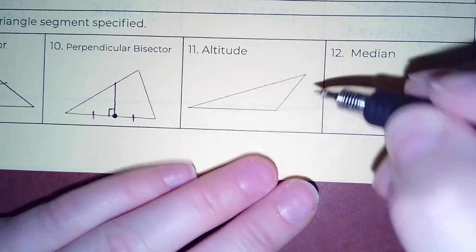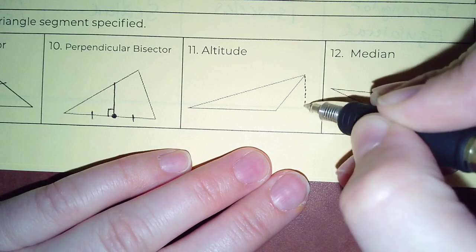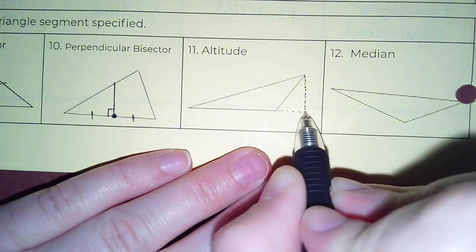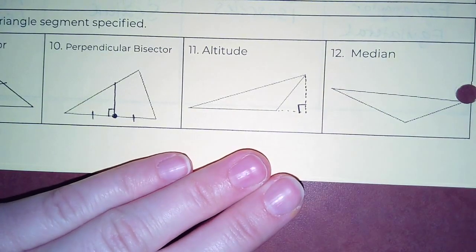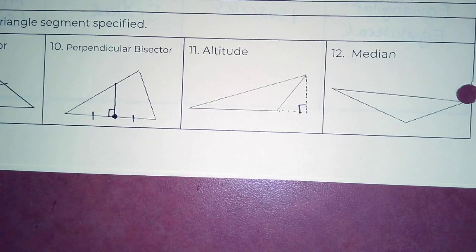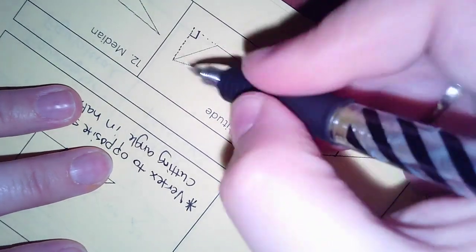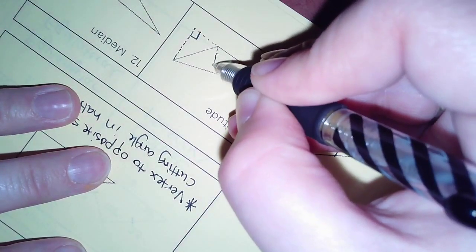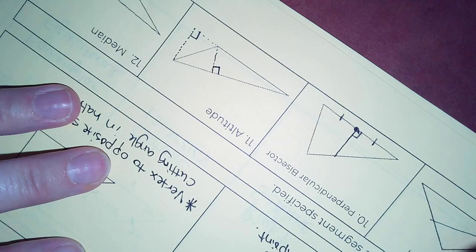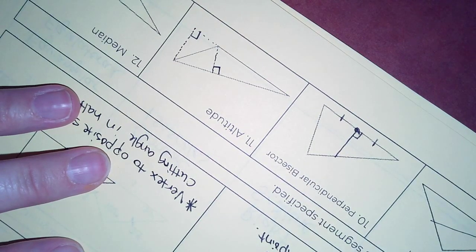So I could bring our altitude outside my triangle like so. Okay, and bring it just like that. I could also turn this paper if I wanted to, and have my triangle facing about this way, and have it like so. So there's multiple ways I could do this.